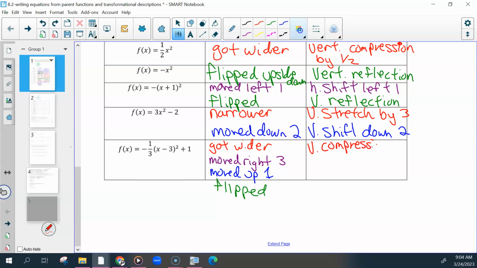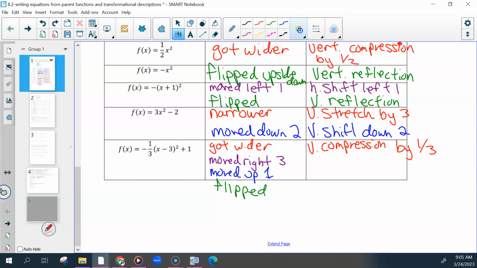Vertical compression by how much? Or by a factor of how much? Not 3, or the whole fraction. 1/3. Not the negative, that's a whole different transformation.